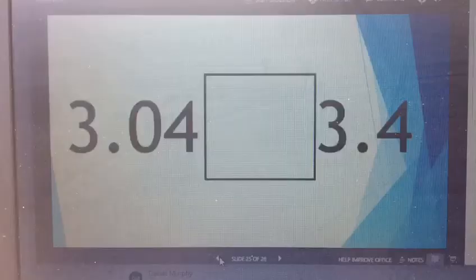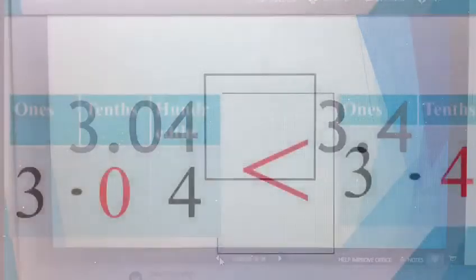Now, I want you to try this last one, and I want you to be really careful when lining up your numbers in your place value grid. Again, you're focusing on the number on the left-hand side and telling me if it is greater than, less than, or equal to the number on the right.